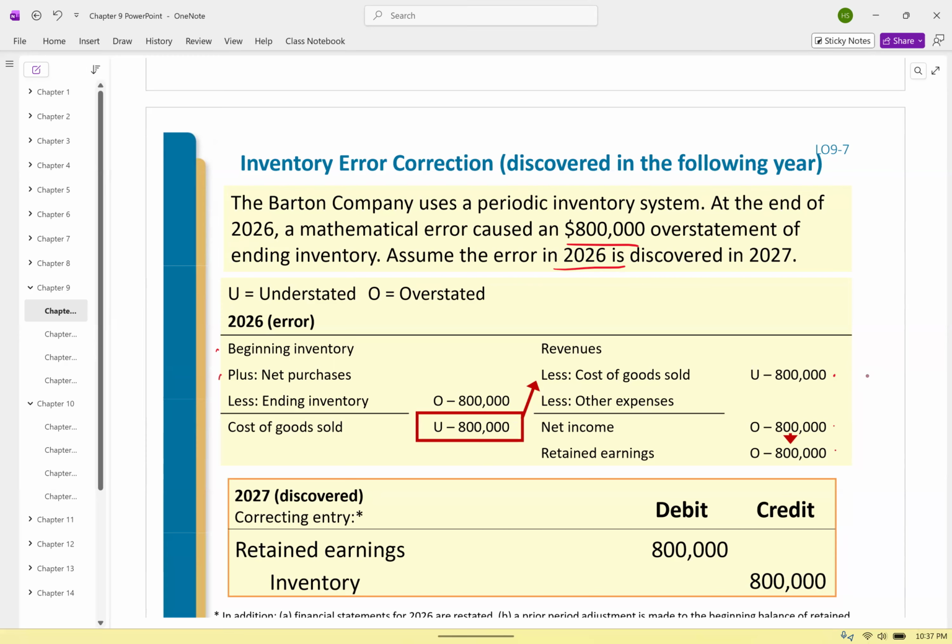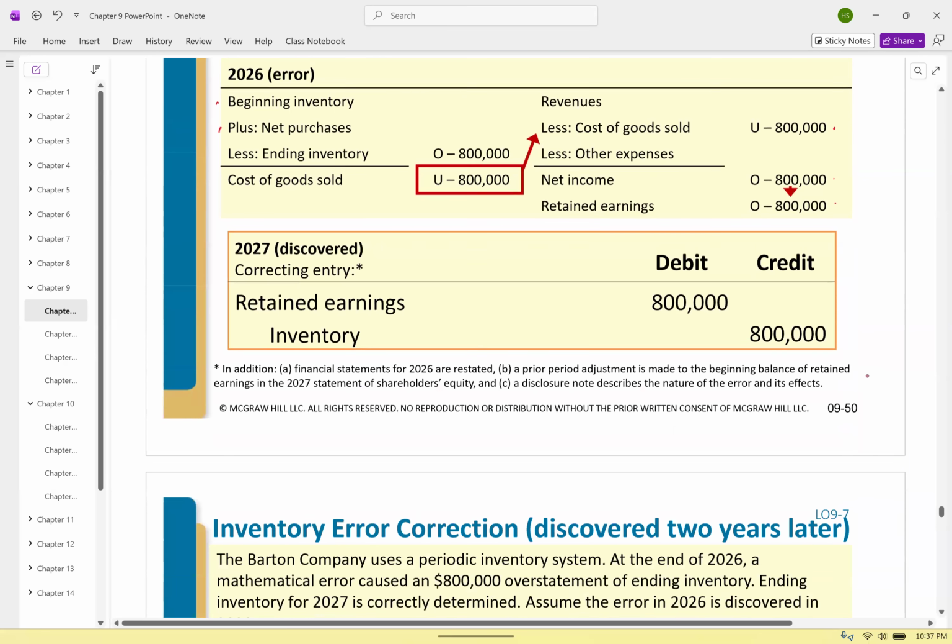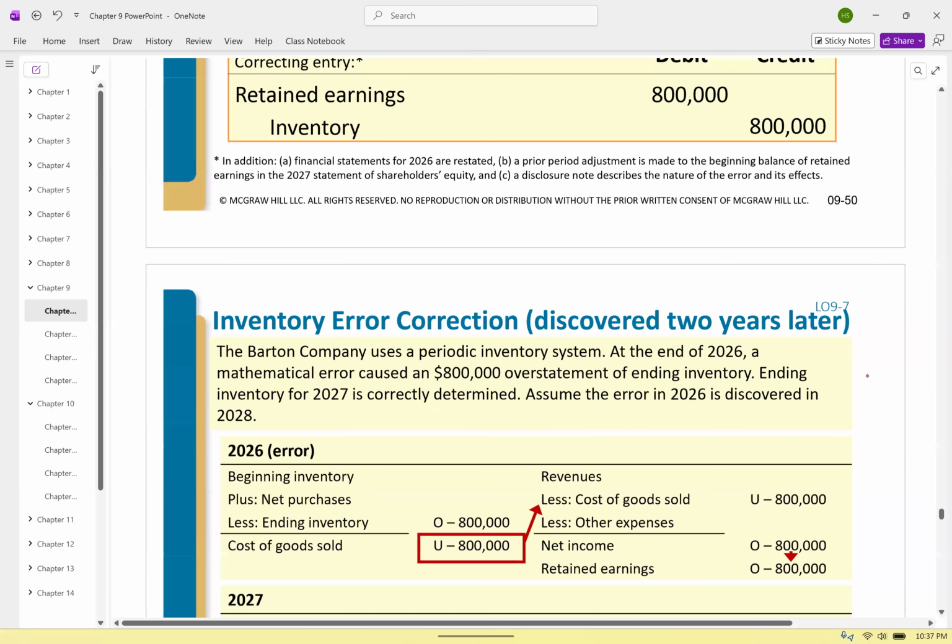Here is another one of those entries affecting retained earnings. We're adjusting the retained earnings prior to doing the current year's financial statements. Debit retained earnings, because remember, a debit to retained earnings decreases it. Then we credit inventory, which decreases inventory by that amount as well.